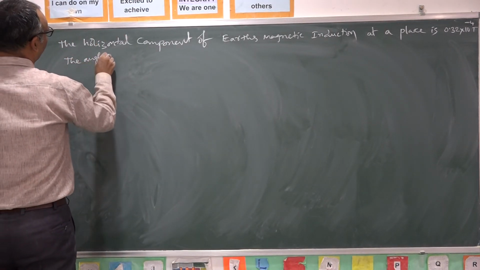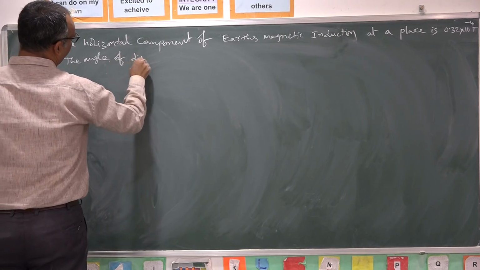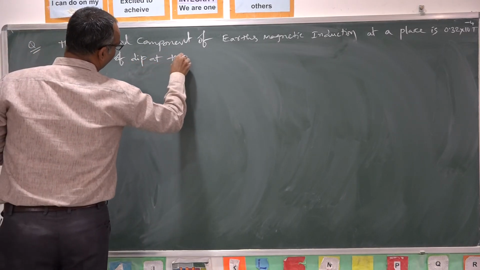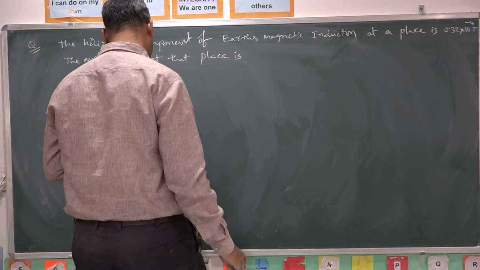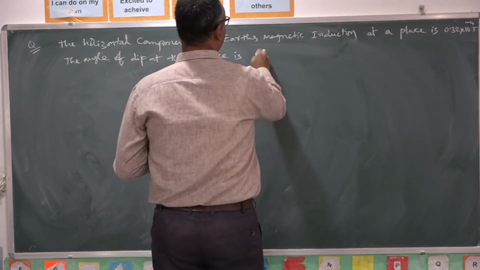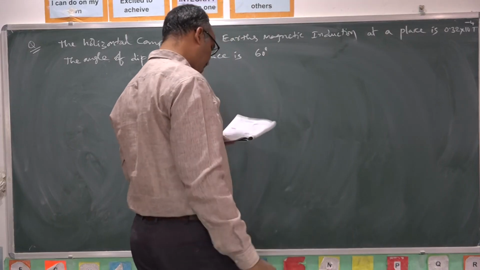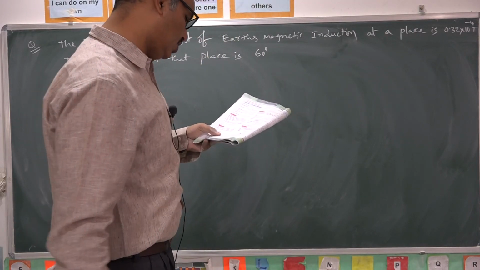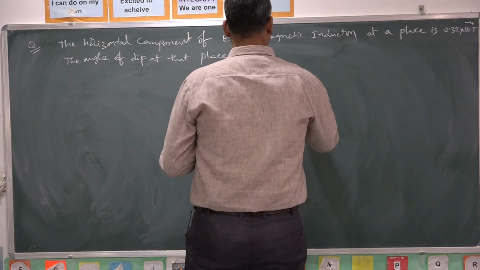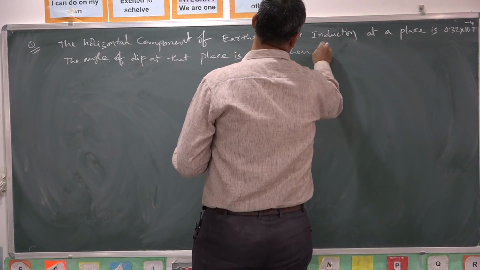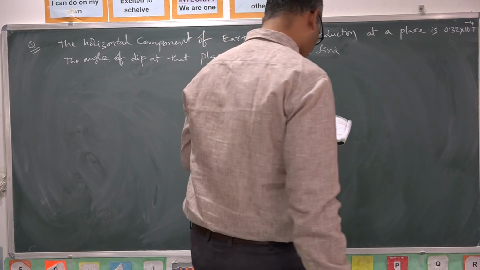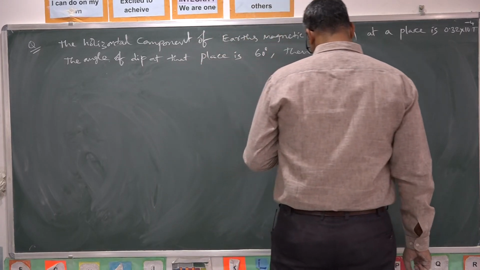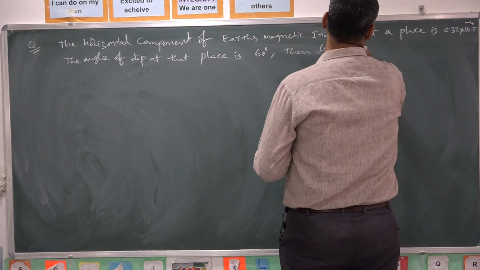The angle of dip at that place is 60 degrees. Then find the value of the vertical component.